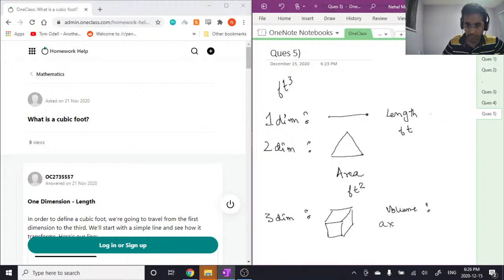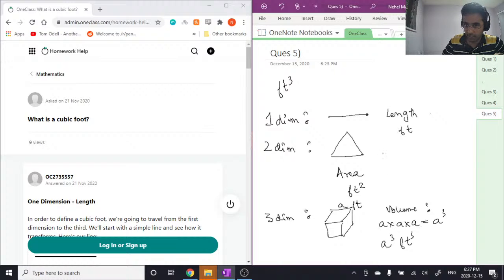So it's a times a times a, if a is the side of this cube, which we get to be a cube. Now, if a is in the units feet, the volume would have the final answer a cube, which is a numerical value, and the units would be feet cube, because when we're multiplying them with each other, the feet unit also gets multiplied.